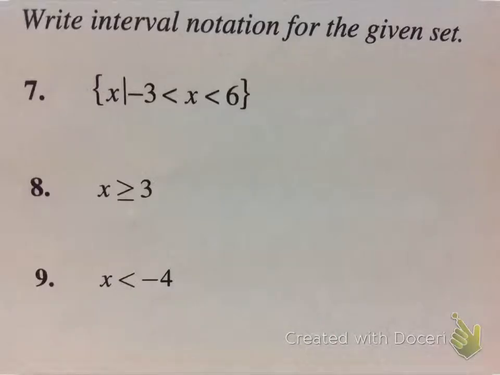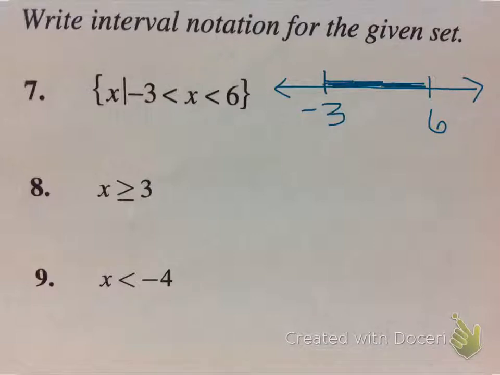So now let's look at something called interval notation. Number 7 is written in what we call set builder notation, and if we just visualize this on a graph, what this means is if we read it from the variable, which is in the middle, we can say x is greater than negative 3, so we would shade to the right, but less than 6, so we would have a parenthesis at negative 3 and another one at 6 and shaded in between.